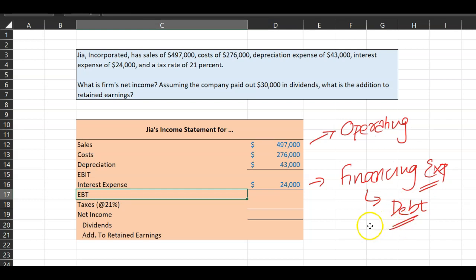Put differently, you can have two otherwise identical businesses which might have similar sales and similar costs because raw material costs the same, and similar depreciation because they require similar kind of depreciation.